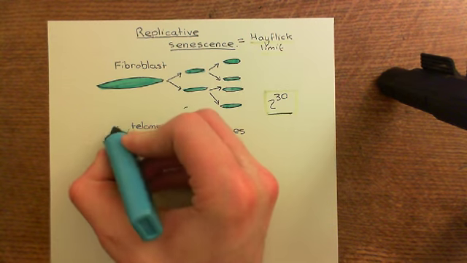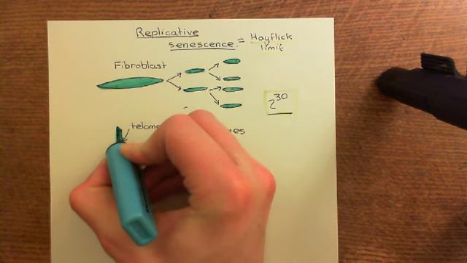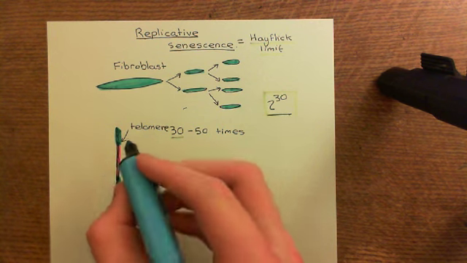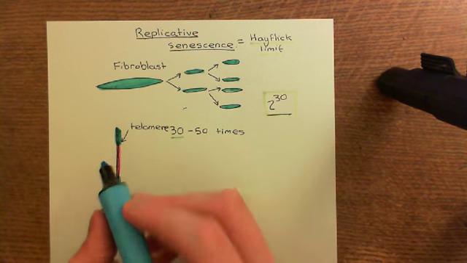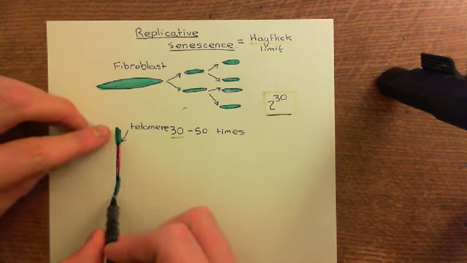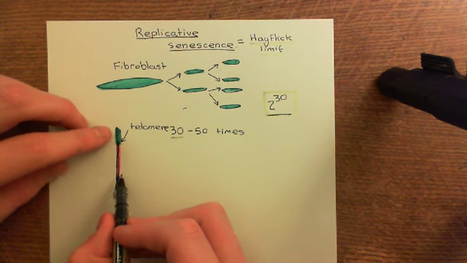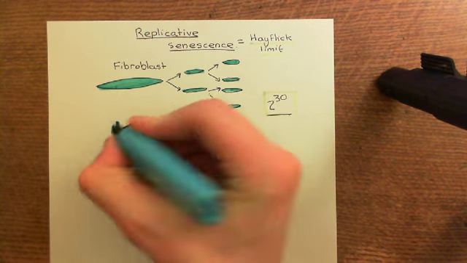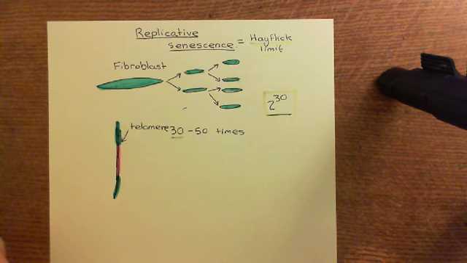I'm also going to make the telomeres originally much longer than they actually would be, so they're out of scale to the size of the chromosome here. This is the normal portion of the chromosome where all of the genes are, and on the ends you have these much shorter portions, shown massively here, which are the telomeres, and they should be about the same length on either side.